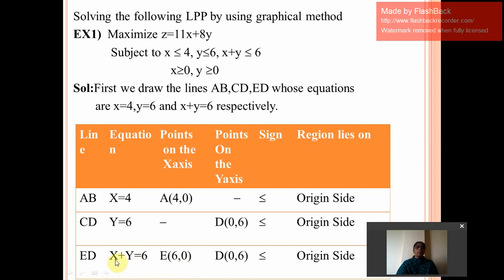Second time put x is equal to 0, 0 plus y is equal to 6, that is y is equal to 6. Third constraint less than or equal to, that is region lies on origin side. First, second and third are less than or equal to, so all three constraints have region on the origin side.